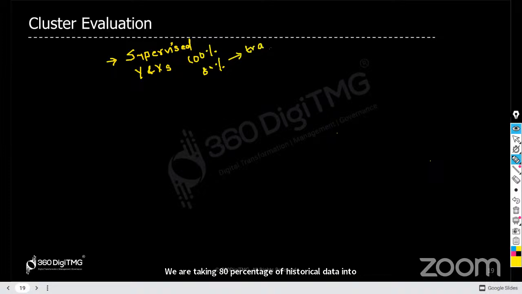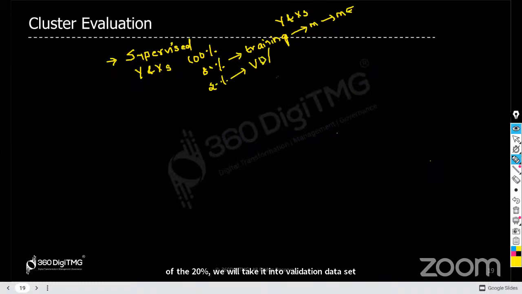In order to train the model based on a machine learning algorithm, to find the relationship between the output variable and input variables using a mathematical equation. After that, the remaining 20% we take as the validation data set, also called development data. We apply the mathematical equation on it and get the predicted outcome.